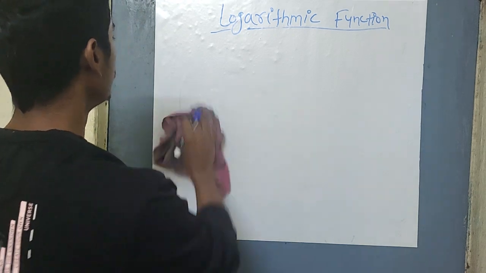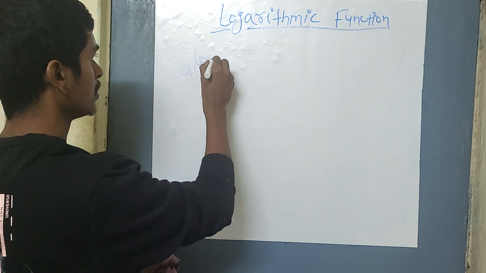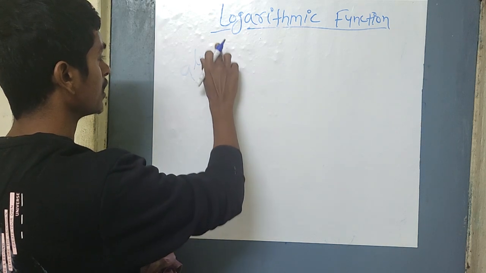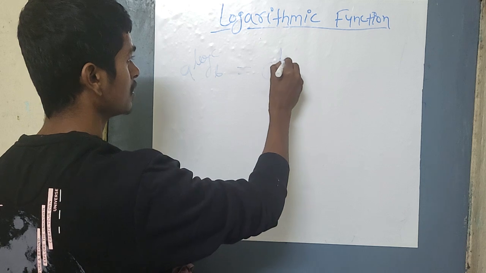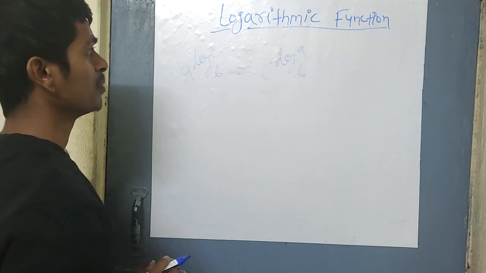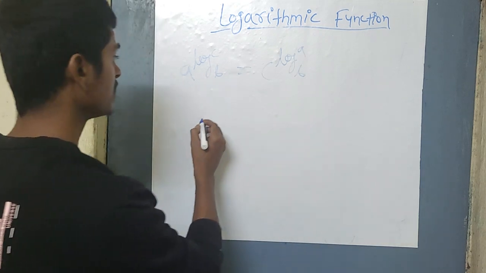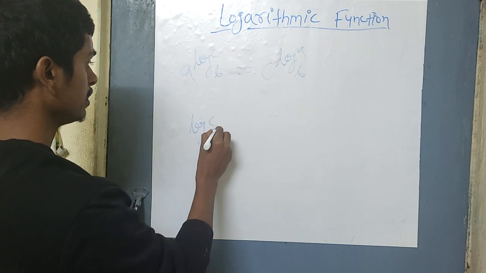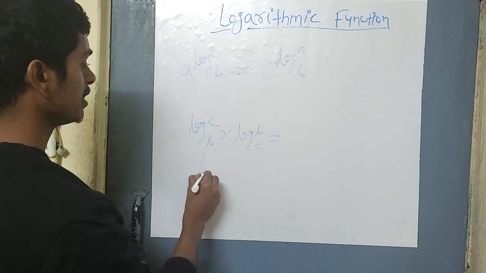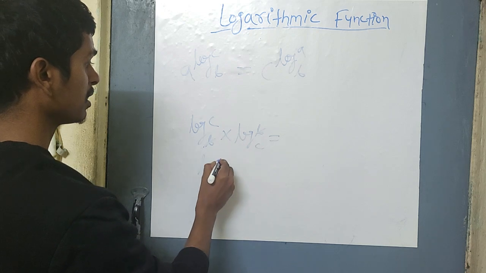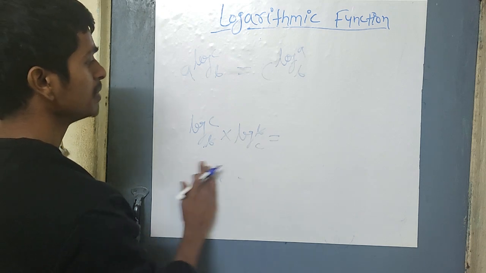First, I am taking a very important property. If you have a to the power log c with base b, you can write it like c to the power log a with base b. Here there is one basic property: if we have log c with base b into log b with base c, this b and this b are the same, so it is log c with base c, where argument and base are the same, so it will be 1.